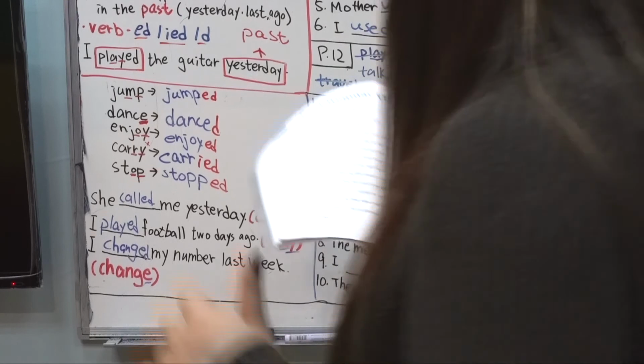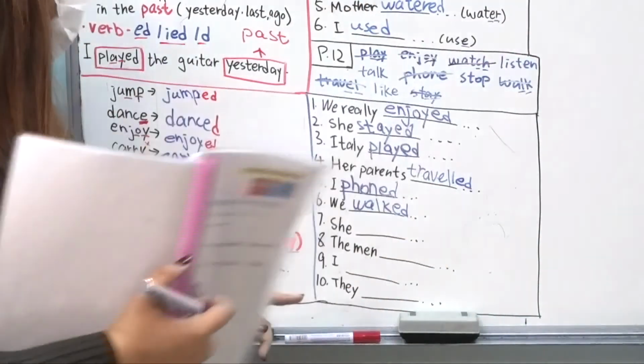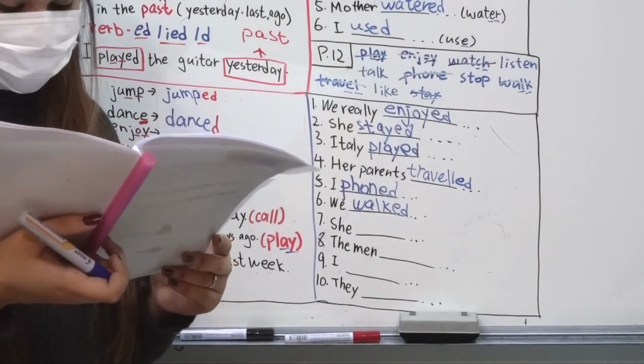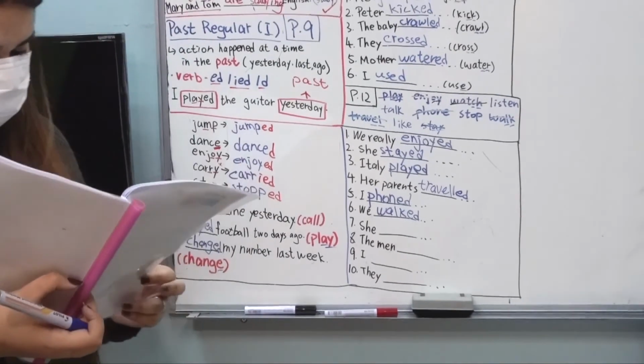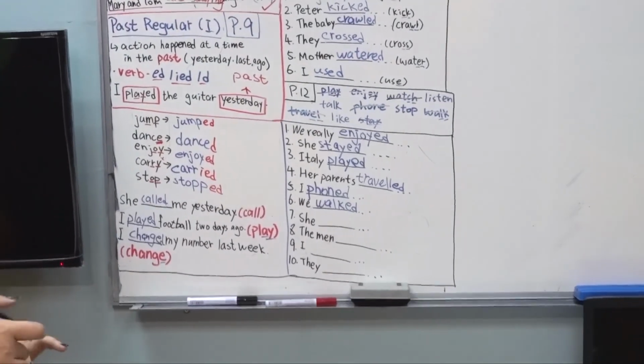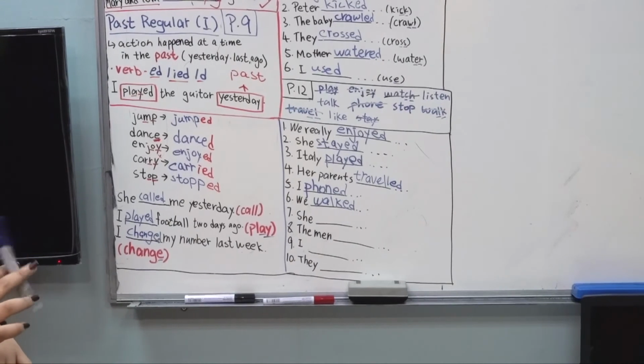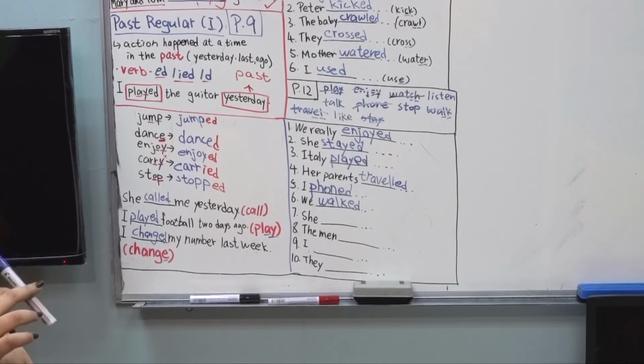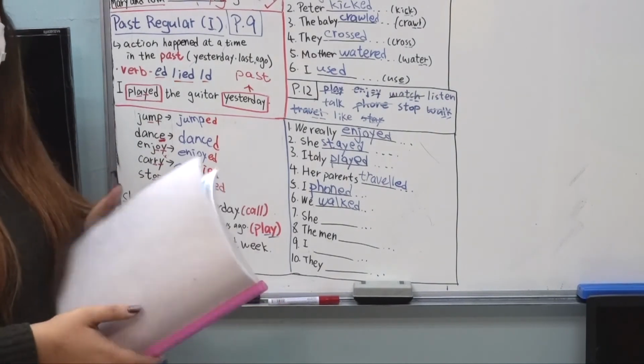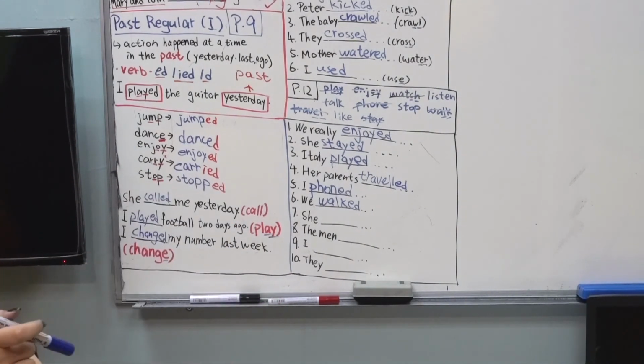Let's do it. Number 7. She watched the film, but she didn't like the music. What can you do with the film? Which action verb you can use with the film? She talked the film. She stopped the film. She listened the film, or she liked the film.